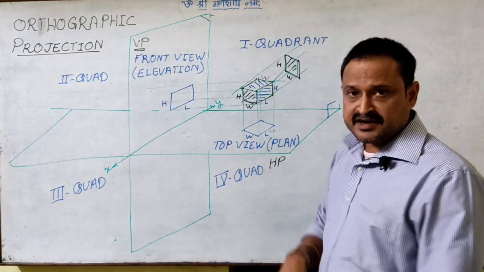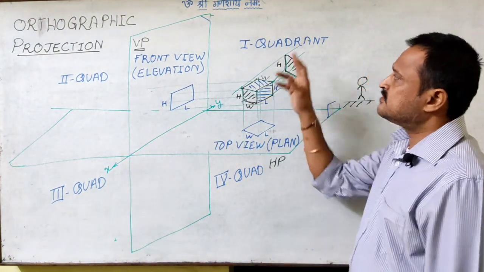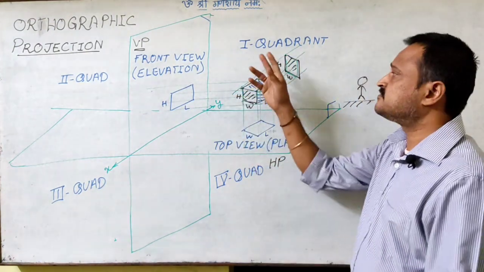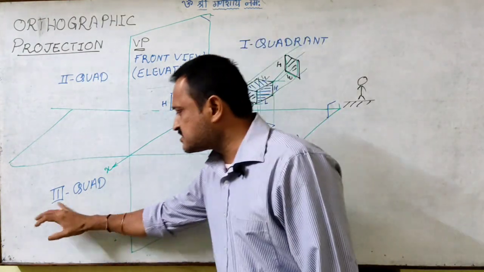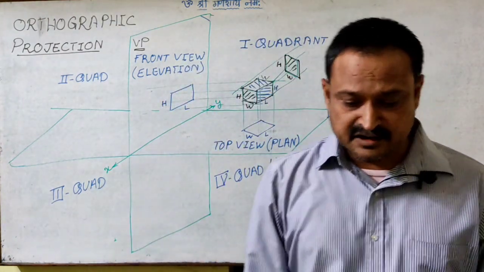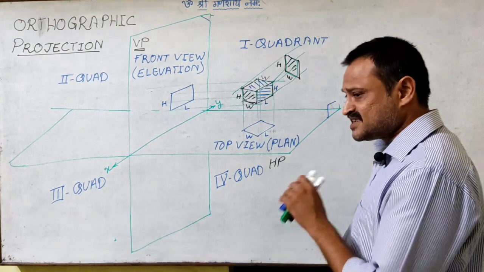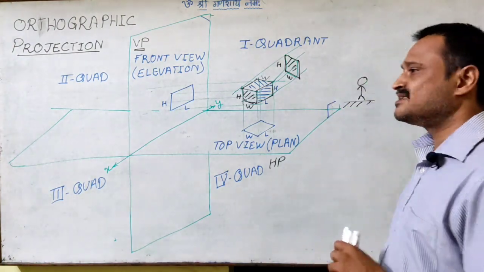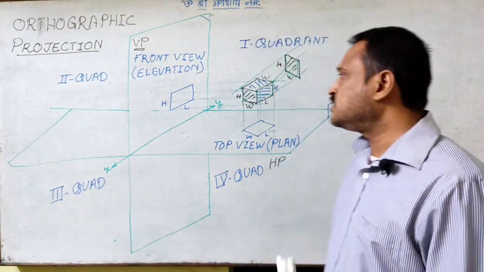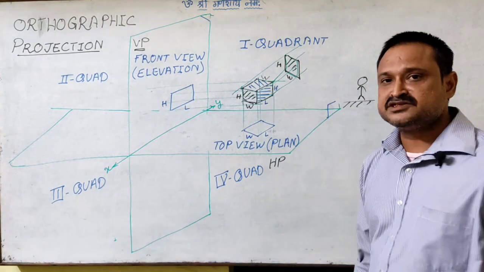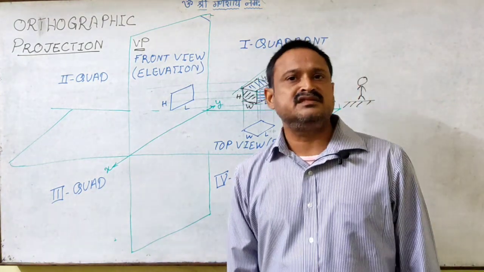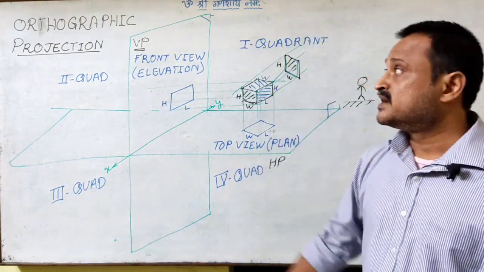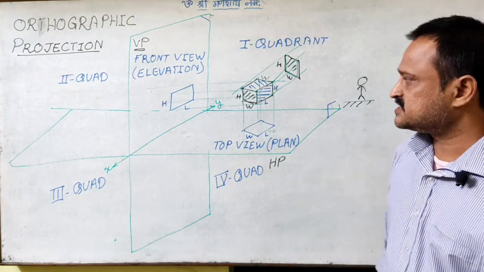We always prefer to go for the first angle method of drawing and third angle method of drawing. That too, in the present situation, we will be restricting our study only to the first quadrant. That means we will be applying only the first angle method of drawing in orthographic projections.